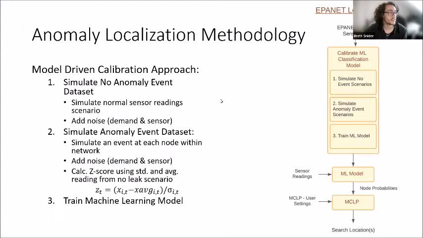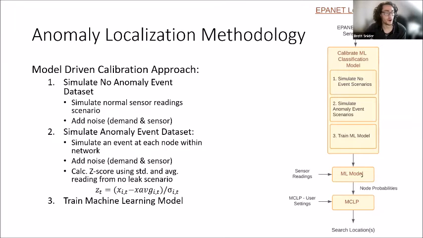Then we simulate the event at possible locations at nodes or pipes throughout the network, again adding demand and sensor noise, and calculating the Z score or the residual compared to the normal event. Using these readings, we can train a machine learning model, which in this case is a random forest model.